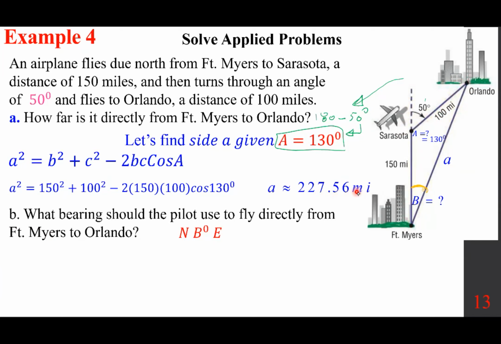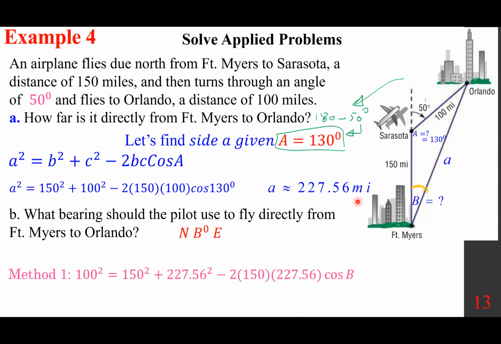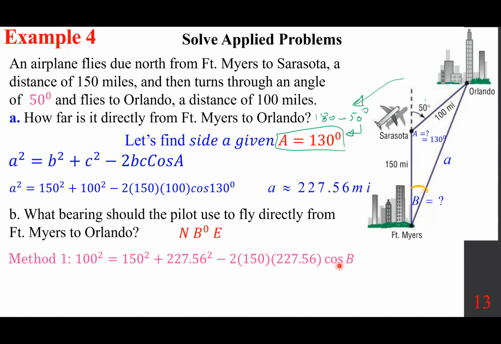So that means we are looking at A squared plus C squared minus 2AC cosine B. So minus 2 times 150 times 227.56 times cosine B. So this is using the cosine law.